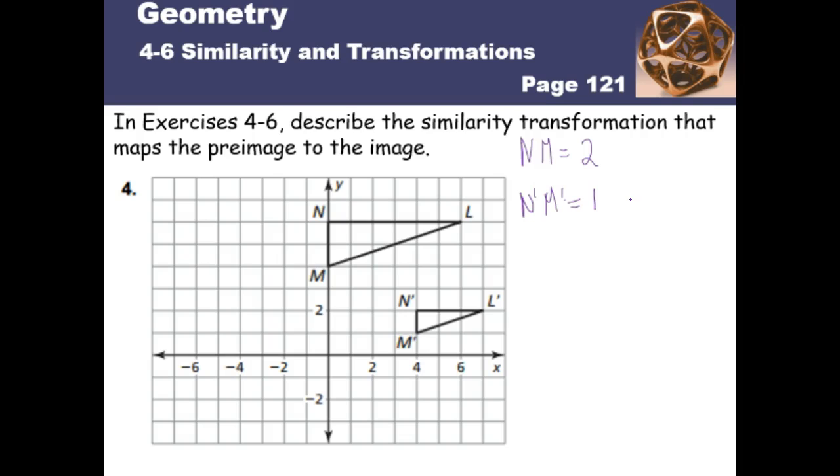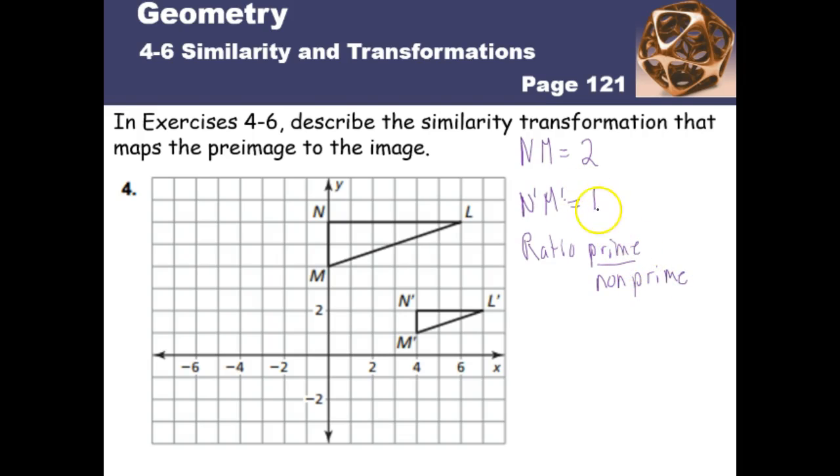Okay, so remember the dilation rule, and we learned this back when we taught dilations, the ratio is prime over non-prime.